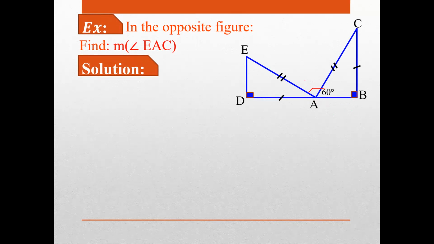Angle EAC is a part of the straight line DB, a straight angle. So if we find the measure of angle EAD, it's easy to find the measure of angle EAC.